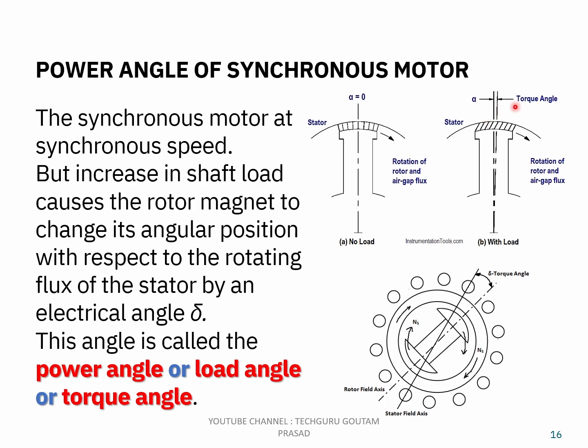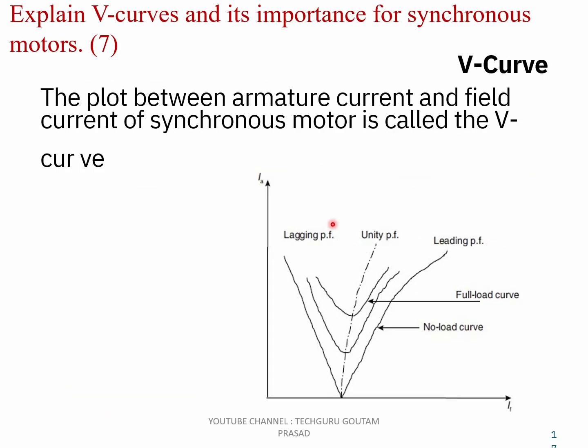Here it is shown as alpha. Alpha or delta is the same in this case. So here it is again delta. This is the small angle of falling back of the rotor poles behind the stator poles. And this angle is called load angle or power angle or torque angle basically. And with the increase of the load, this angle also increases.